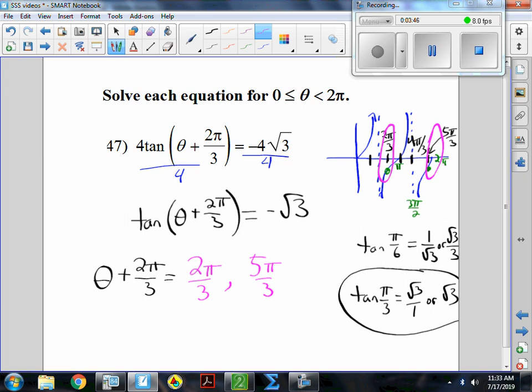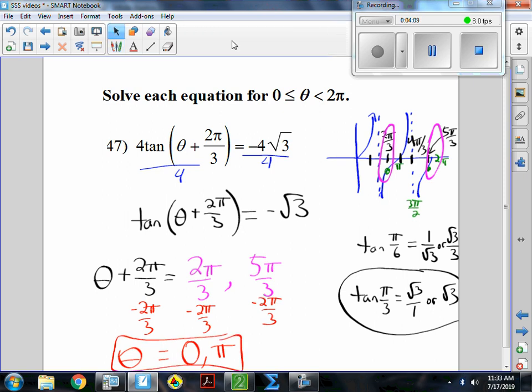So a quadrant 2 angle and a quadrant 4 angle. Then I just have to subtract this 2 pi over 3 because of this shift. And so theta is going to equal 0 and 3 pi over 3, which is pi.